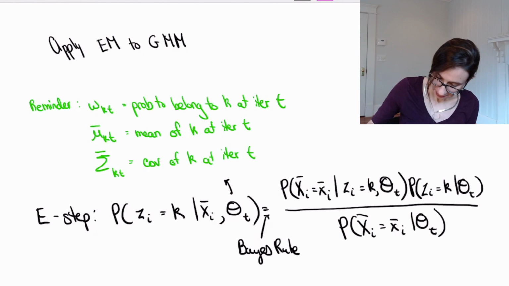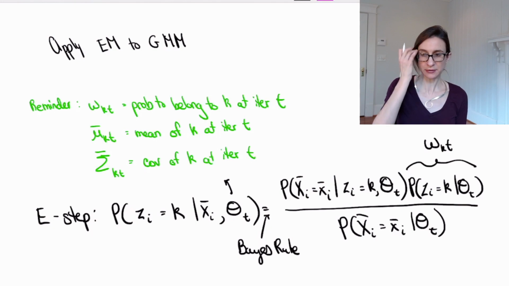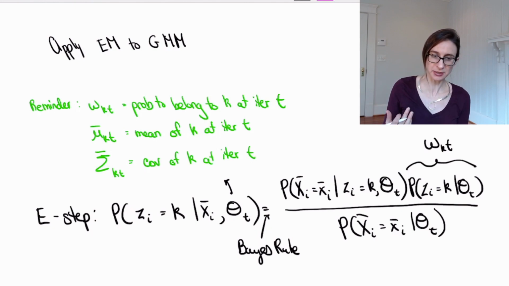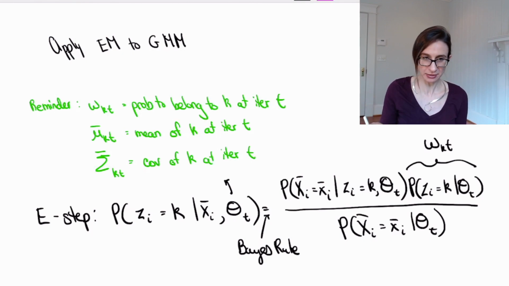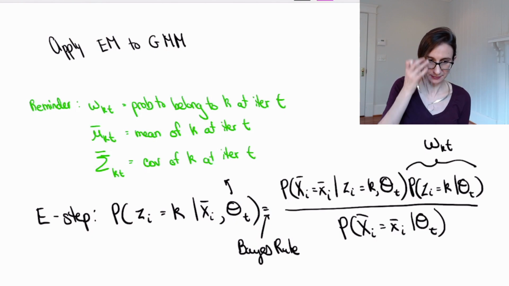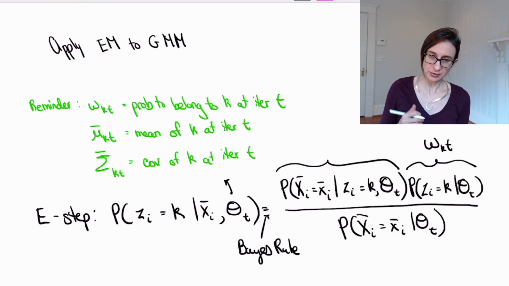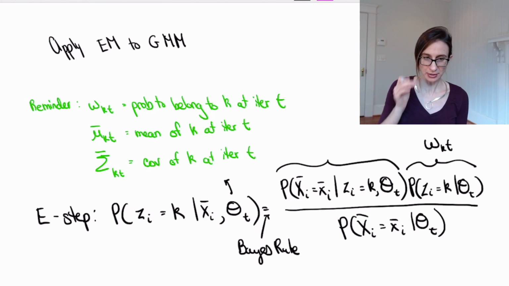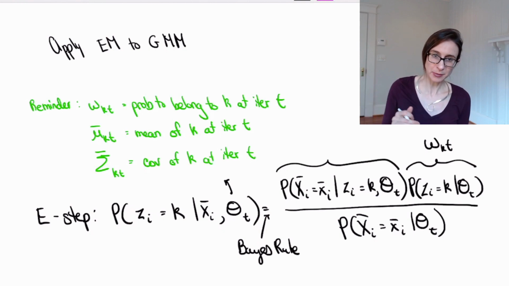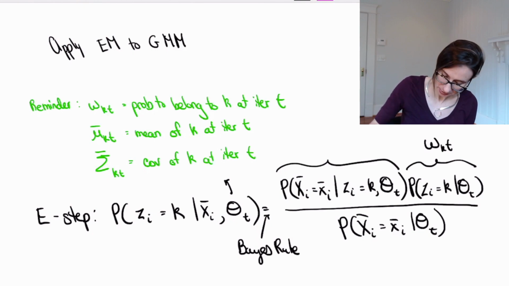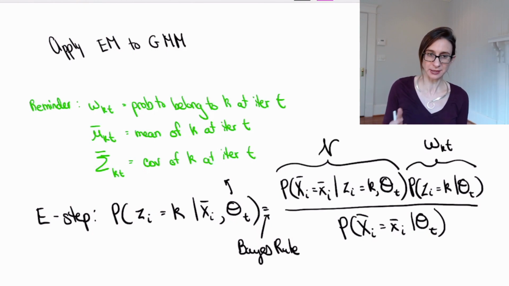This one is going to be W_k^t, because of the assumptions of Gaussian mixture models: the assumption is that the popularity of cluster k is W_k, so we use what we have at iteration t, which is W_k^t. And according to the Gaussian mixture model, once you know which cluster you're in and all the parameters of all the clusters, the probability of x is given by a normal distribution with mean mu_k^t and covariance sigma_k^t.